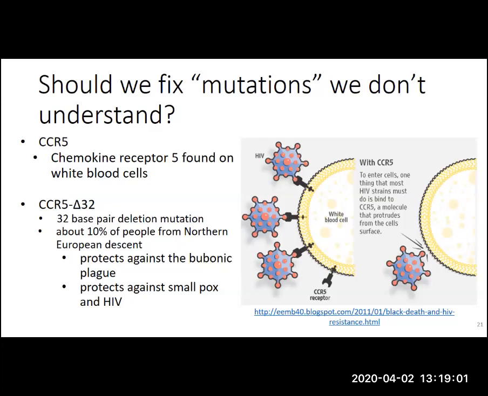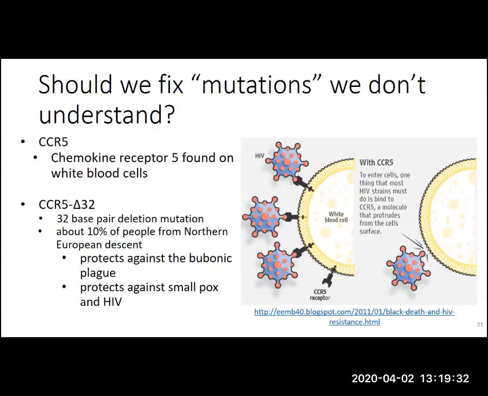It's a termination of the protein before it gets very far, so they don't have that protein along their surface. And as scientists have studied CCR5 and this deletion, what they've been able to determine is that there's some advantages associated with it: that it protects against the bubonic plague, protects against HIV, which we know from this slide here, and potentially protects against smallpox, again, probably through a similar mechanism.